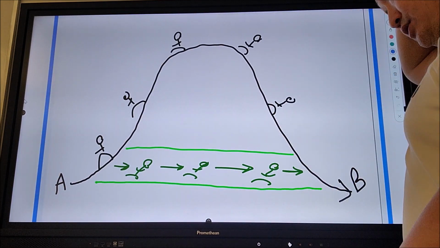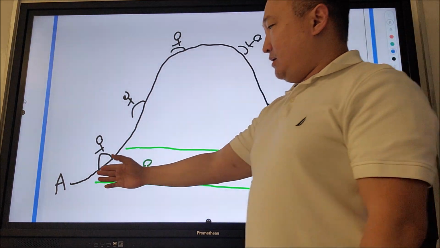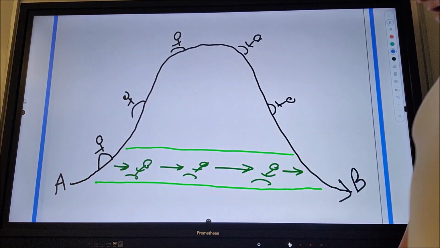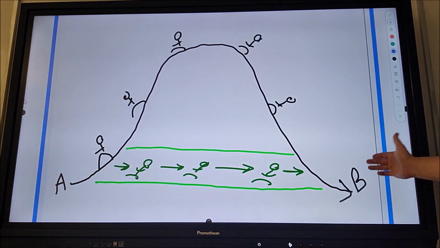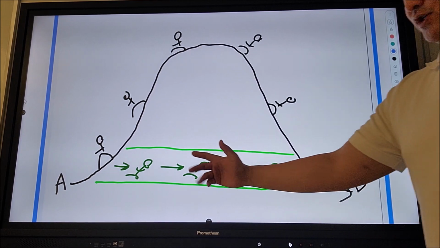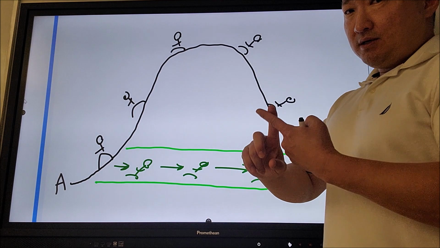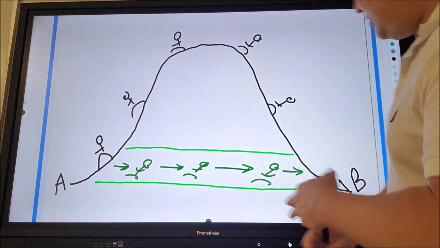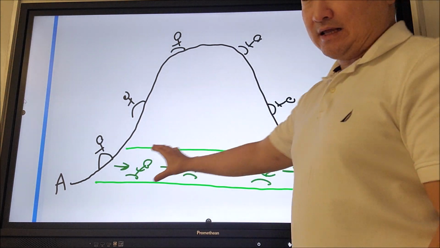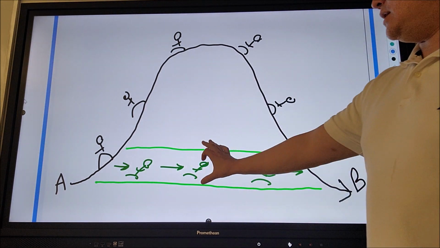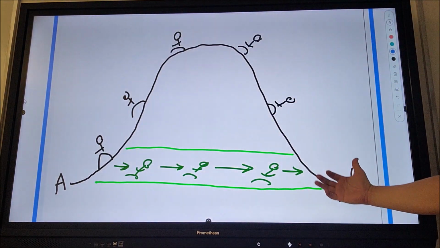I drew this too, but imagine somebody at point A, and there's a mountain in the way and that person has to get to point B. And the only way is to go over the mountain. So that's going to require a lot of time and a lot of energy. Now, what a tunnel can do, a tunnel is like an enzyme, right? The tunnel gives this person a faster route and an easier route.